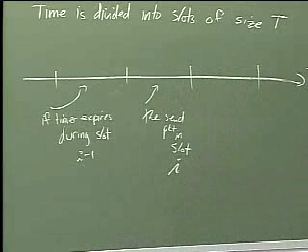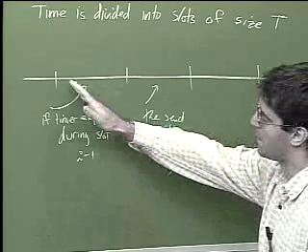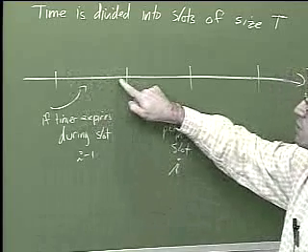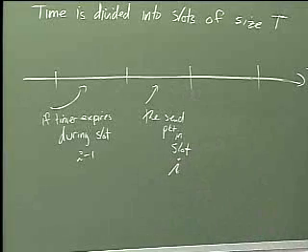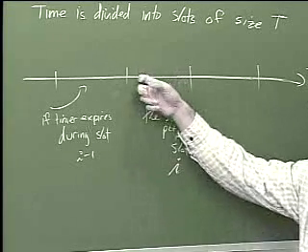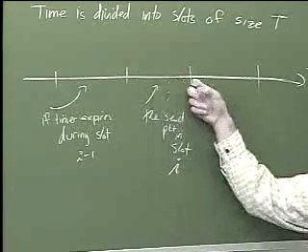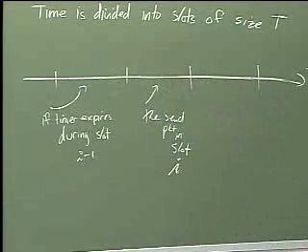Again, you set the exponential timer just like you did in Aloha. Your exponential timer goes off at some point, and you don't send your packet immediately. You wait till the next slot. So if my timer goes off at any point in this interval, I'll then send my packet in the next interval, restarting my timer right away, such that if the timer goes off again in this interval while I'm sending, that just means I send in the next interval as well.